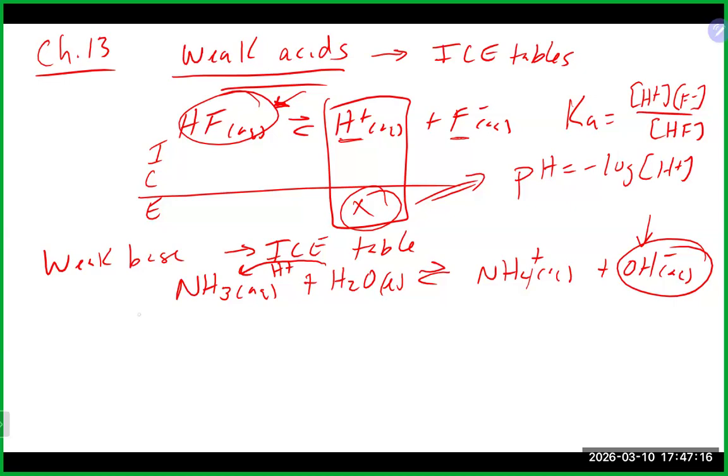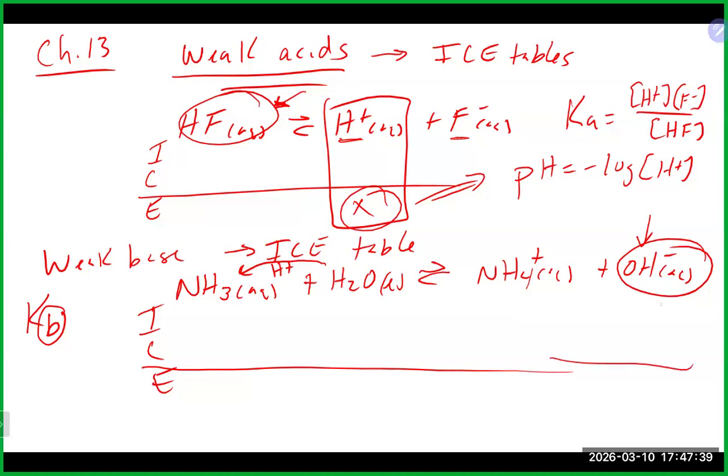Once you have that equation, obviously you would have a Kb expression for this. And once again, you know it's a weak base if there is a Kb value associated with it, as strong bases do not have Kb values because they will completely dissociate or break apart into ions in solution. Once again, you're going to ICE table this thing up like normal.